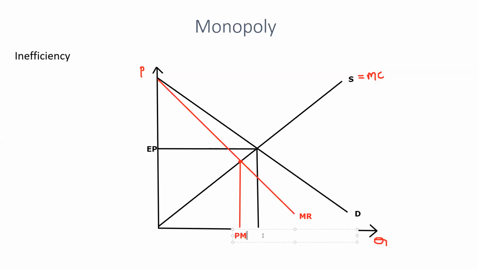Profit maximizing output. Bear in mind the red color part is for a monopolist. The black one, EQ, is for a perfect competition. But do we know where the monopolist is selling? What's the selling price? It's off the demand curve. So bring this up to the demand curve. Draw it like this. And what you get is your selling price, or profit maximizing selling price. For whom? For a monopolist.